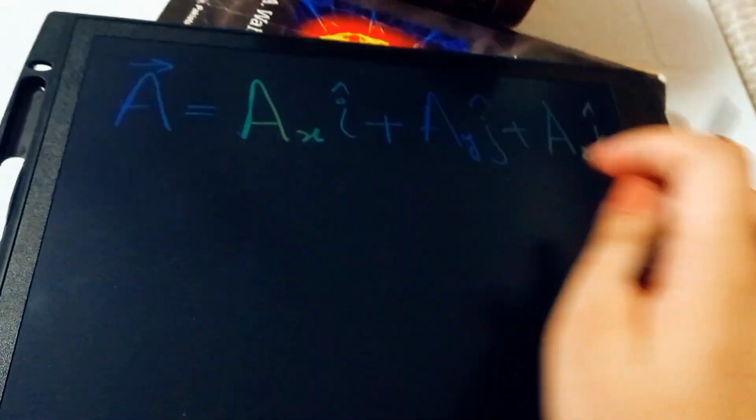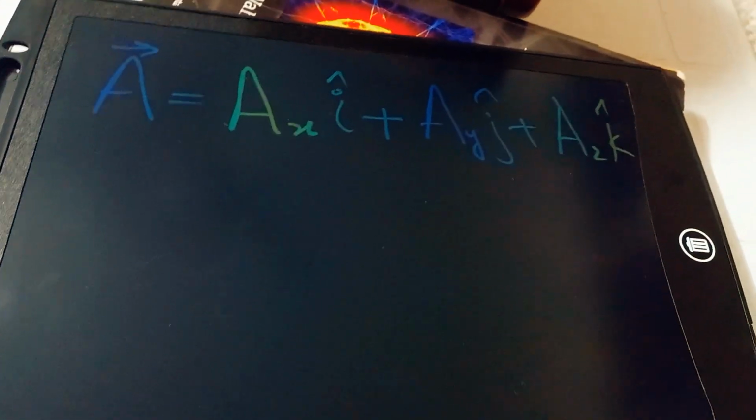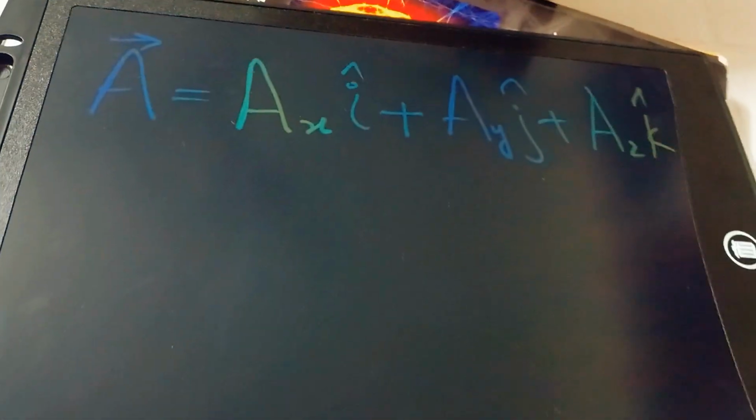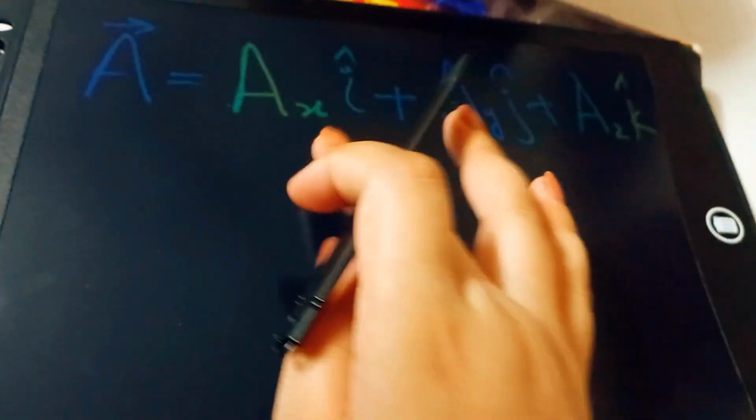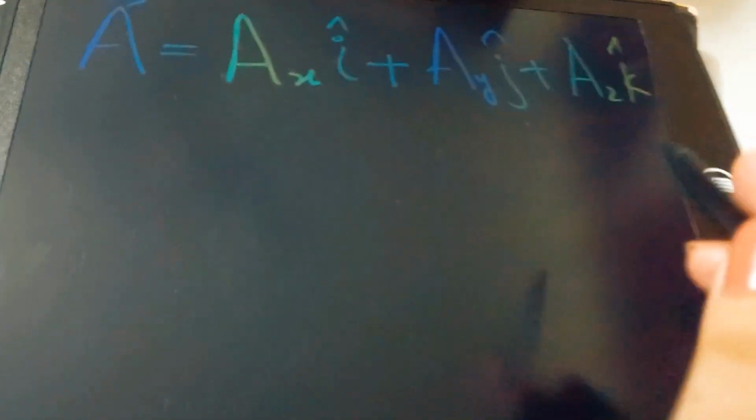I, j and k hat are actually the basic directional vectors. All the directions just reduce into i, j and k. This is just a standard notation.